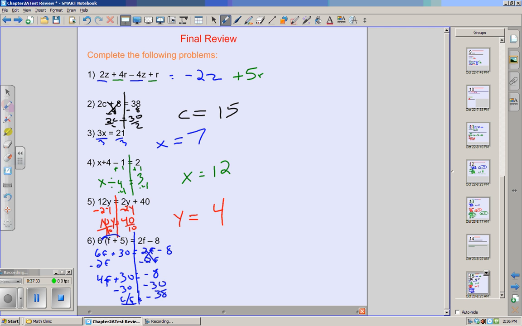When I divide by 4, let's bring that up here. I have 4f equals negative 38. Divide by 4. Divide by 4. F equals negative 9, because 9 times 4 is 36. There's 2 left over, 2/4. If I simplify that, I get negative 9 and 1/2. That is a very complicated problem. If you are able to solve that problem, you are able to solve anything on this assessment.